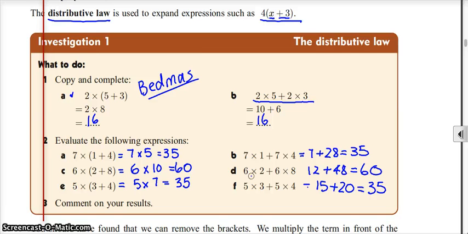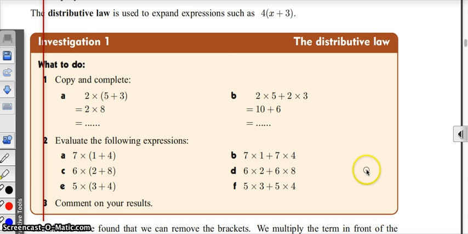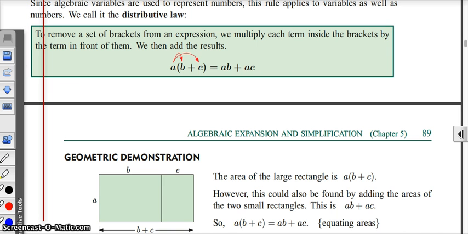Where we're saying if we think this in our head, 7 times 1 plus 7 times 4, we're doing the 7 times 1 plus the 7 times the 4. So if we were to scroll down on this page, you can see, hopefully, that distributive law there. So, distributive law 1.